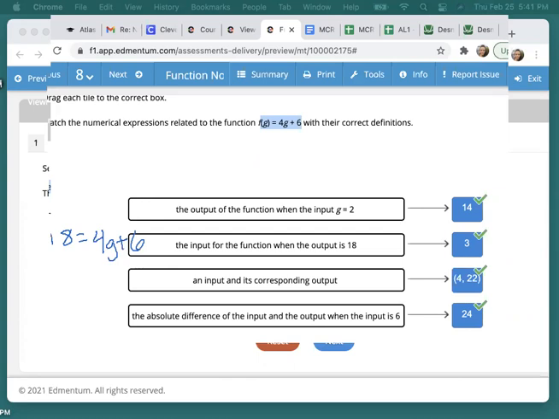An input and its corresponding output, you're looking for a point. And the absolute difference of the input and the output when the input is 6: if you plug in 6, 4 times 6 plus 6, you get your output, and then you can subtract.